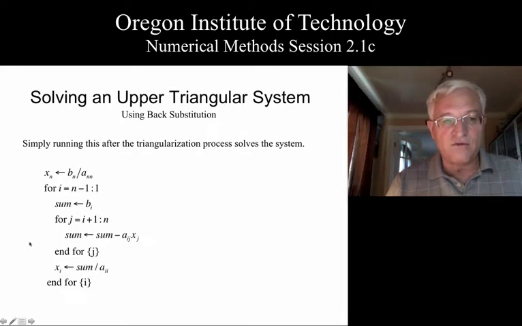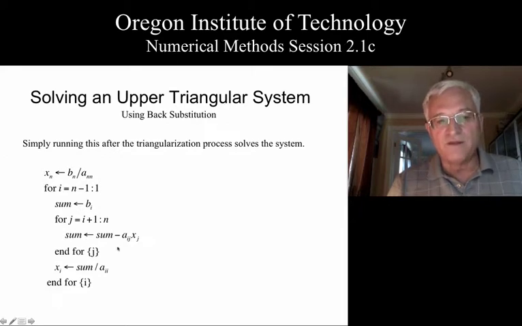I come back around on this loop again. I is now n minus 2, so I start off with b sub n minus 2. That's appropriate, but this loop will be a two-pass loop. Since I is n minus 2, if I add 1 to it, we start off with j equal to n minus 1. This goes from n minus 1 to n, which means this loop will happen twice.